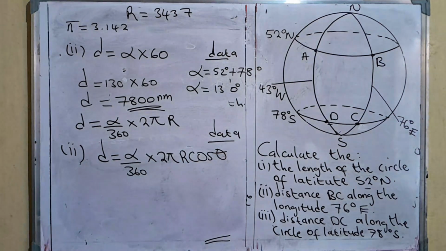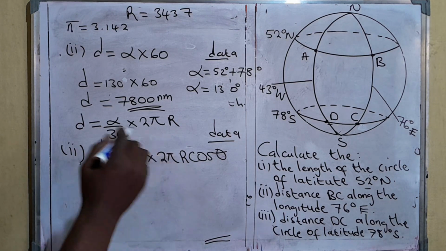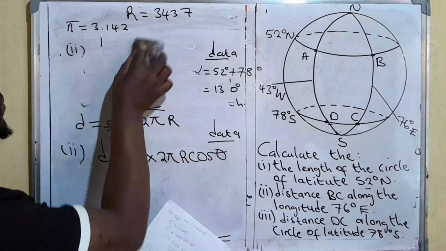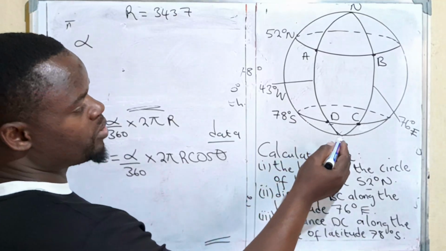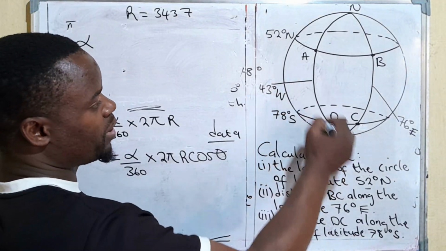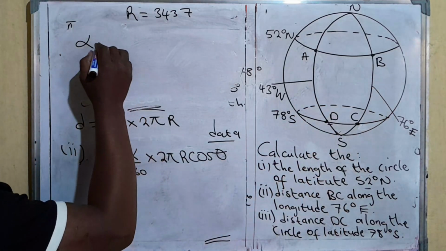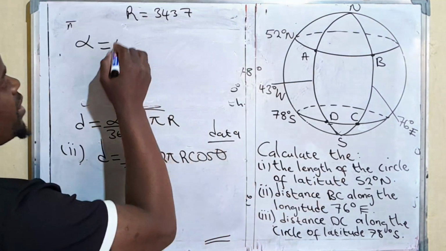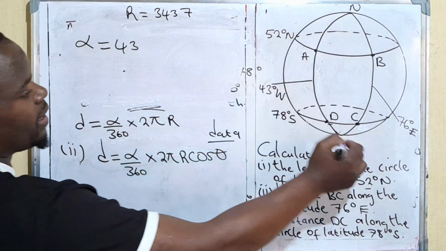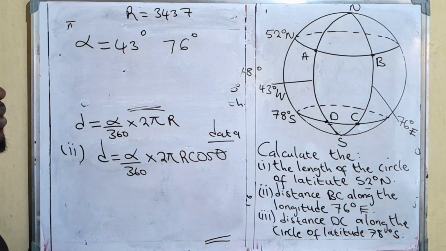Now what we do is we resolve the difference in longitudes. We take note of the longitudes where they're sitting. There's longitude 43 and there's longitude 76.